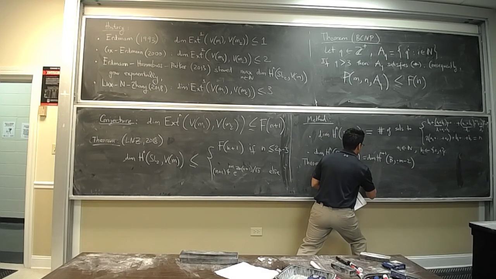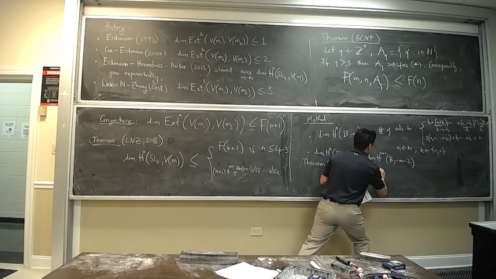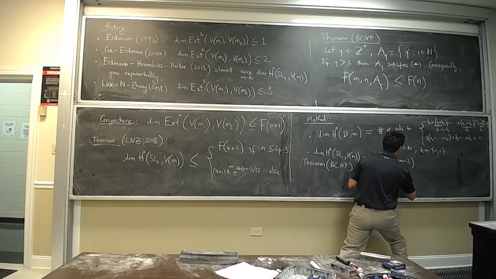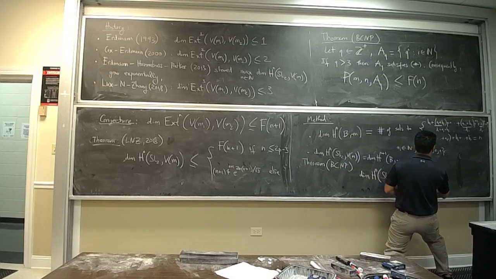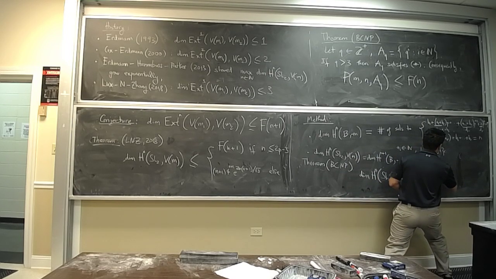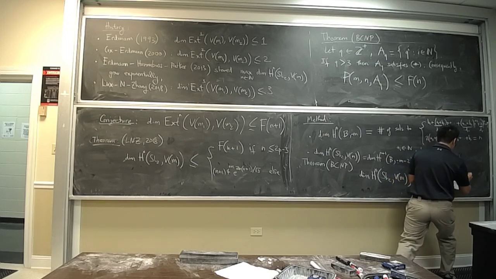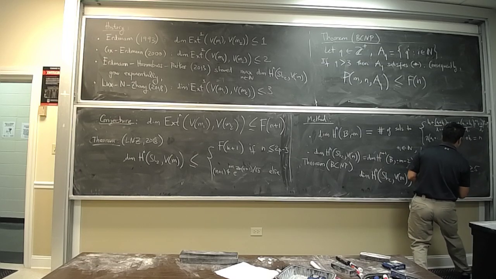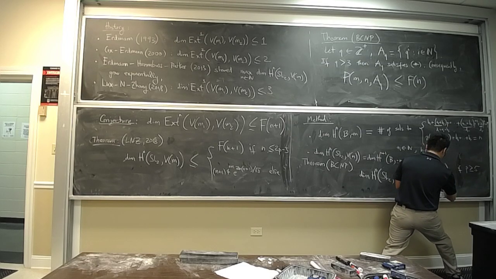The dimension of the cohomology of SL2 is less than or equal to the n plus 1 Fibonacci number if the prime p is bigger than 5. And in the case of small primes, we have a larger bound.